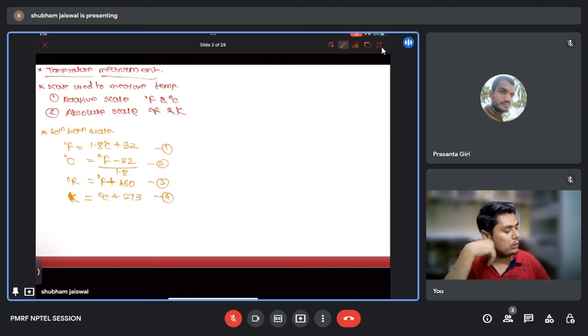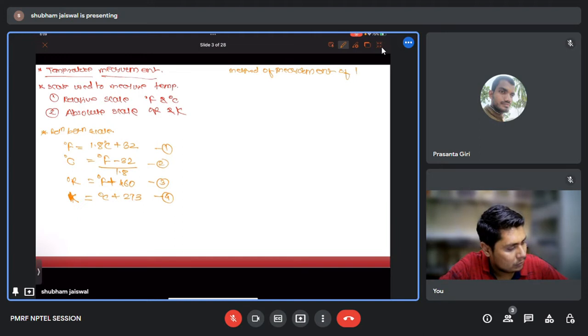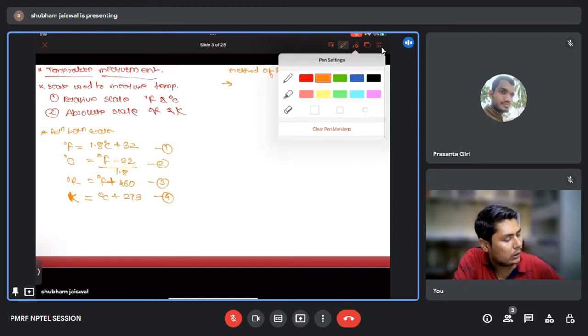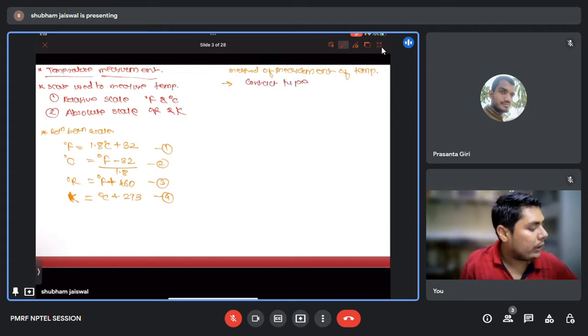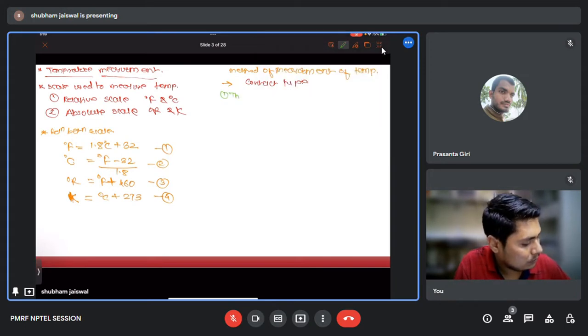After that, we have seen the methods of measurement of temperature. We have seen two methods. The first one is the contact type. In contact type, the different instruments we have seen are the thermocouple, and in thermocouple also the thermopiles.